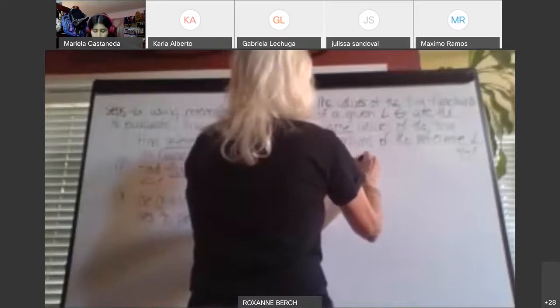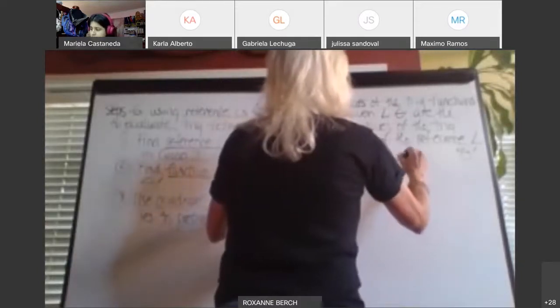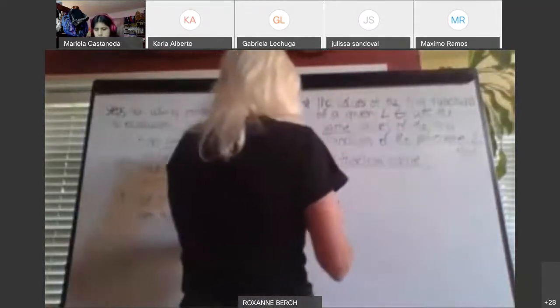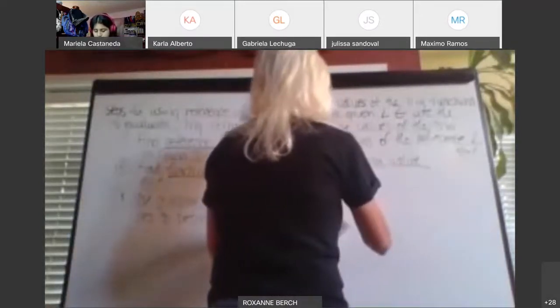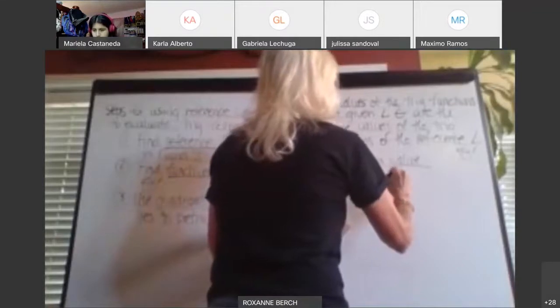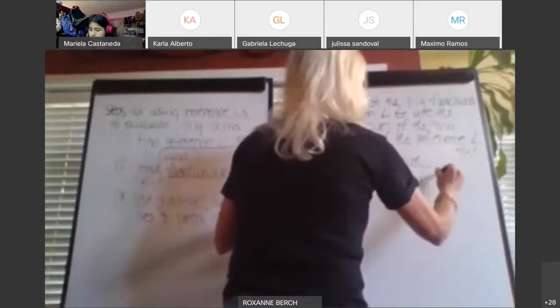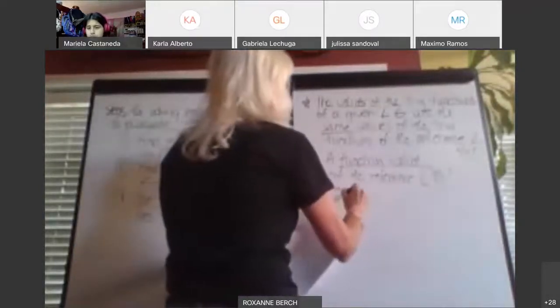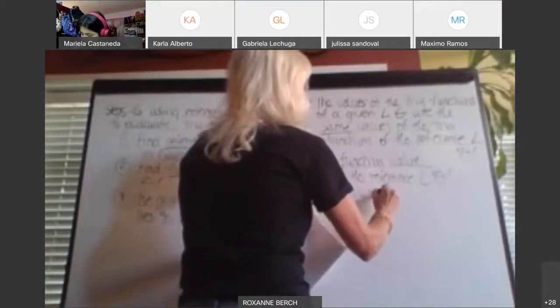A function value of the reference angle theta prime is always positive.